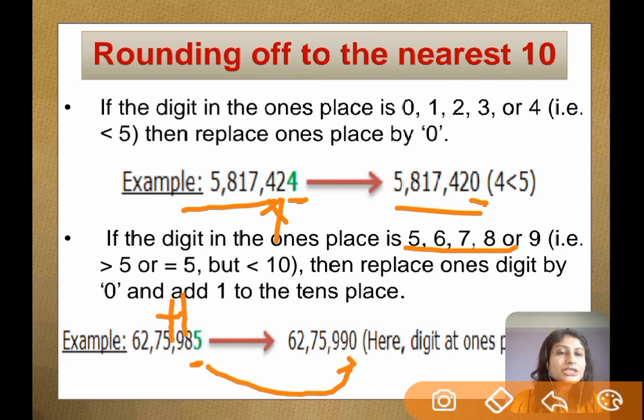So what is here in tens position? It is 8. So 8 plus 1 is equal to 9. So here we have written 9 in tens position and write down the rest of the digits as it is. Okay.